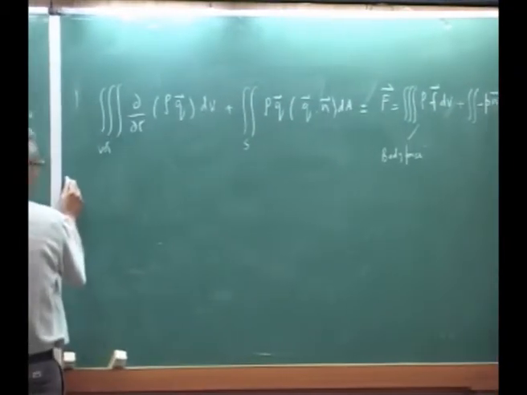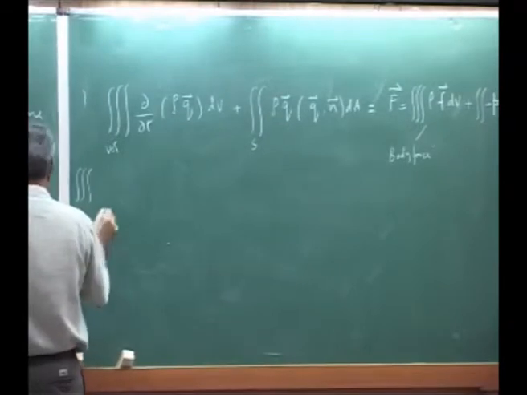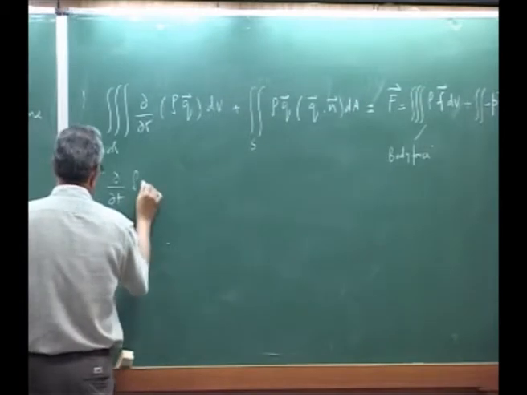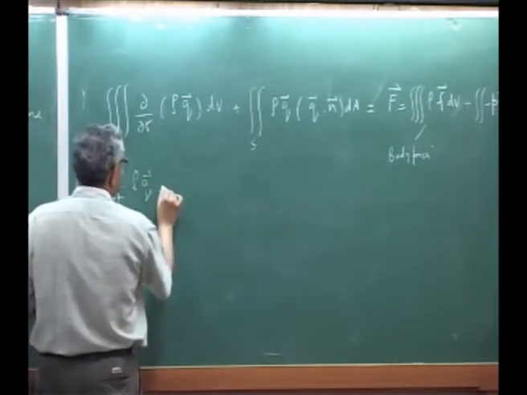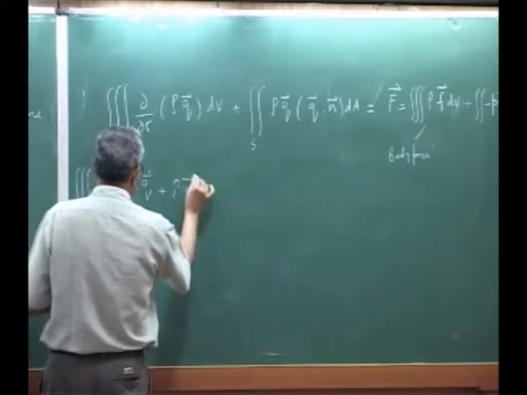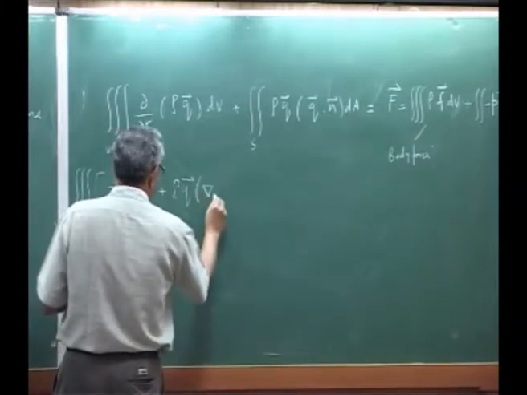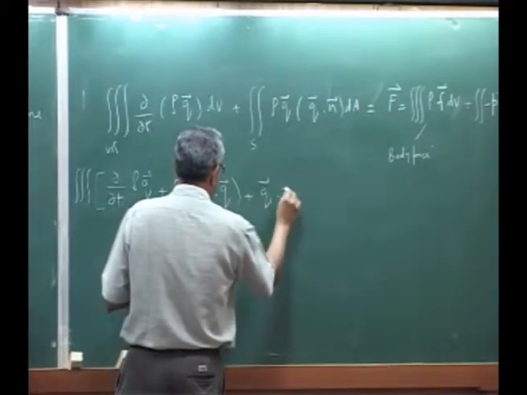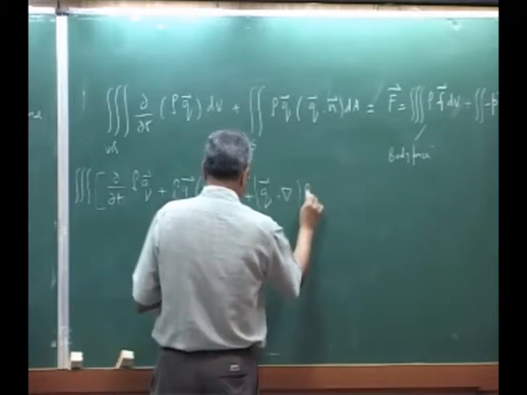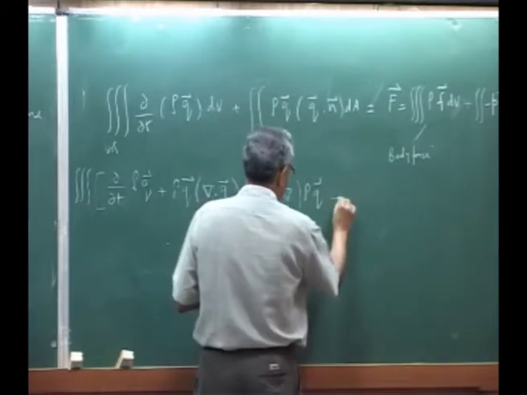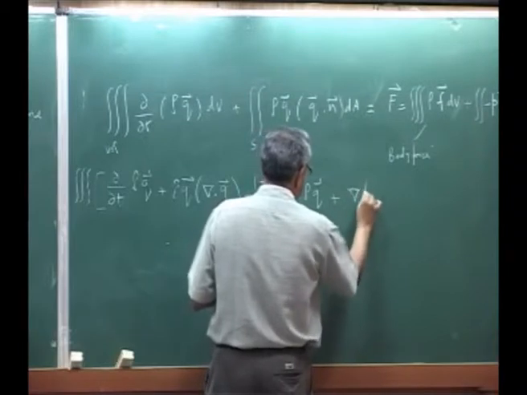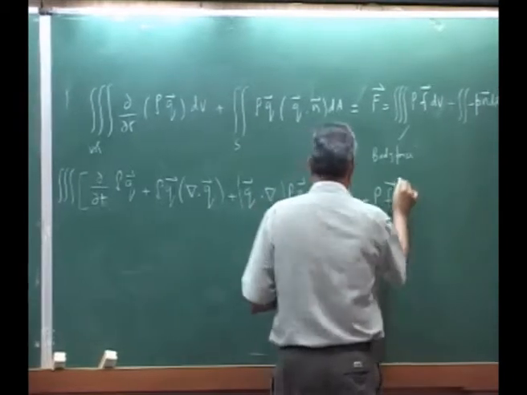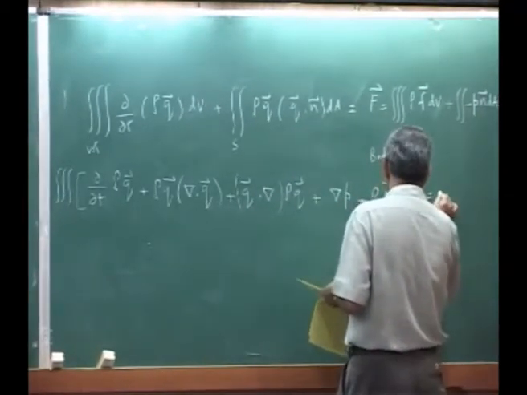So I will write the full stuff. Delta over delta T of rho Q plus rho Q del dot Q plus Q dot del rho Q plus gradient of P minus rho F, dV.